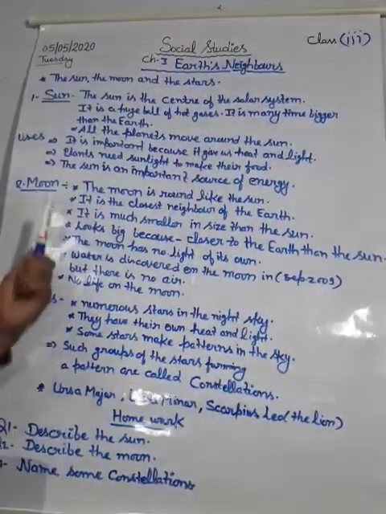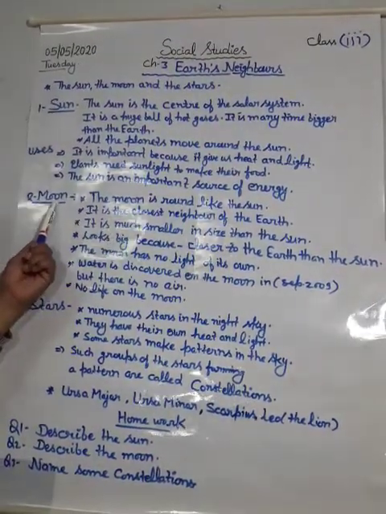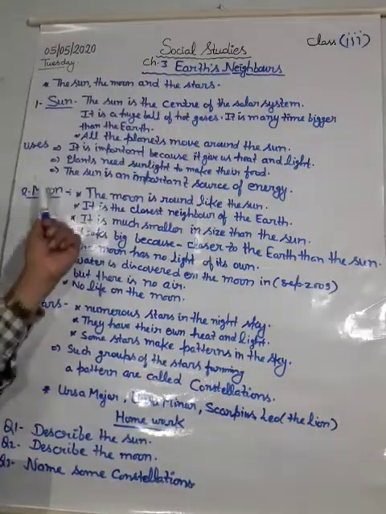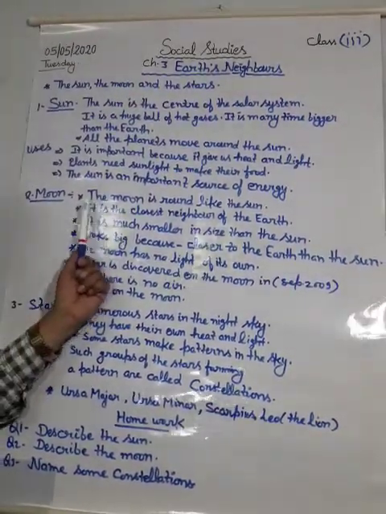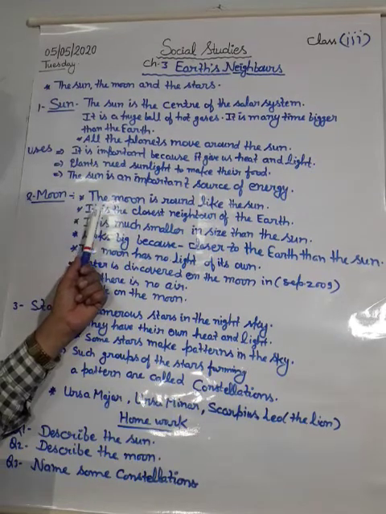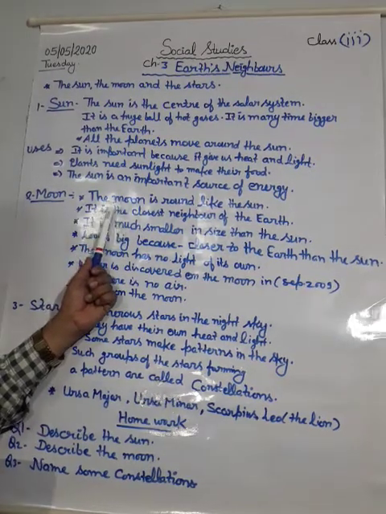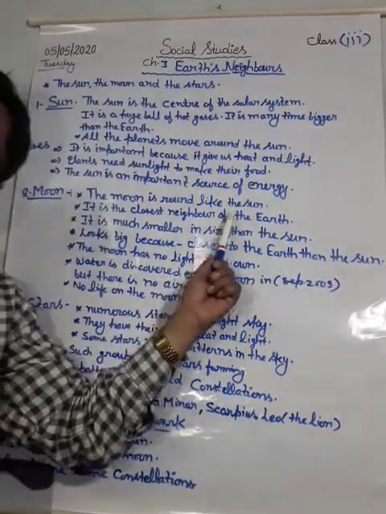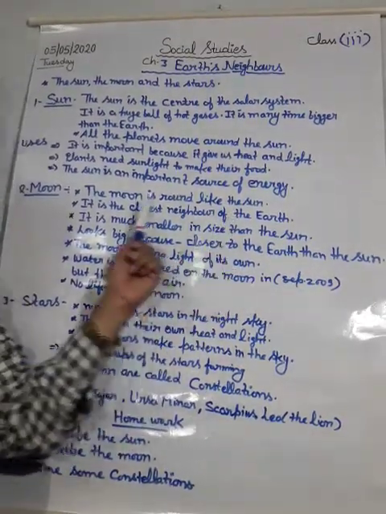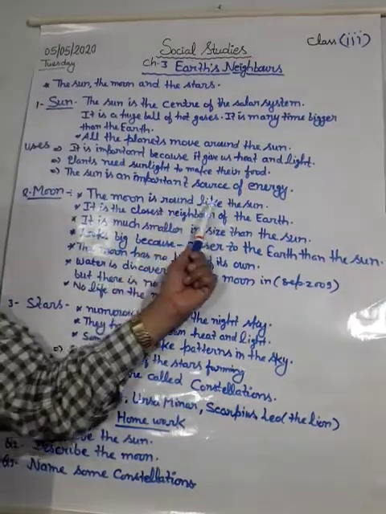Now see the second neighbor of the earth, the moon. The moon is round like the sun.